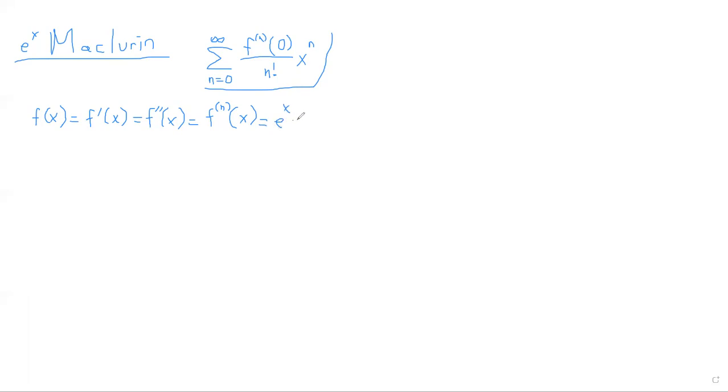Now, e to the power of x. Okay, so f^(n) of 0, the nth derivative at the point x is equal to 0, is just e to the power of 0, which is 1.